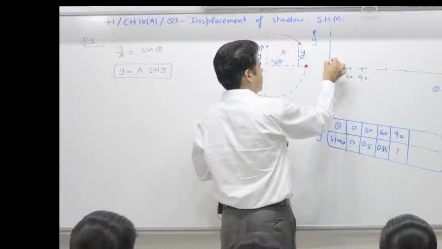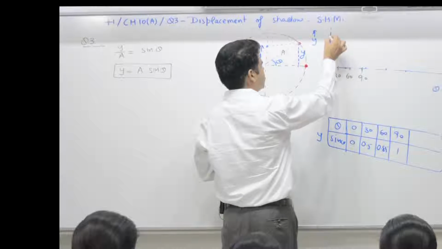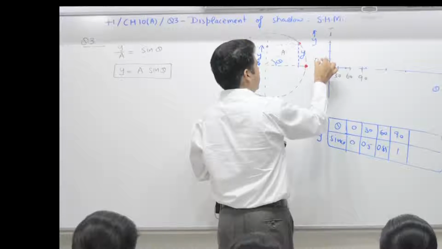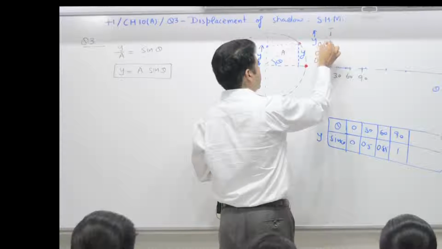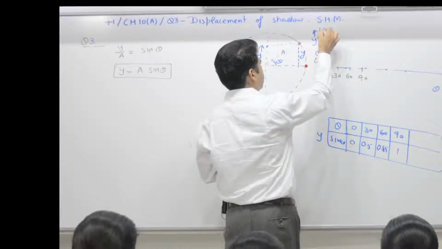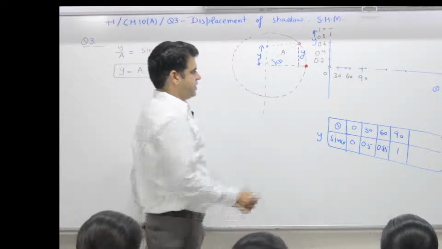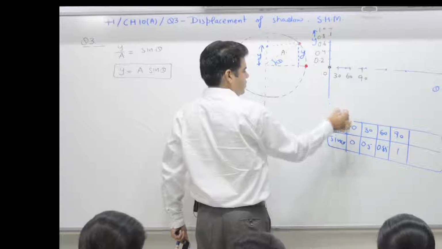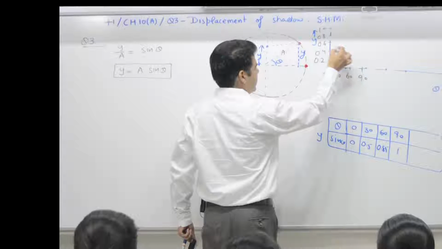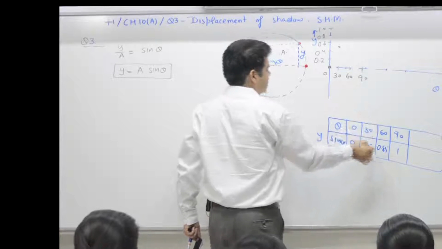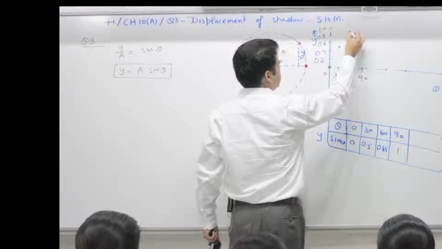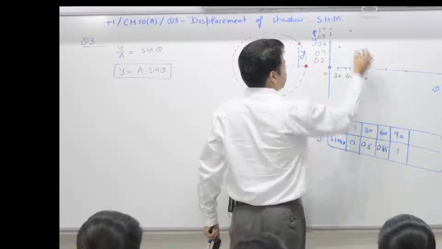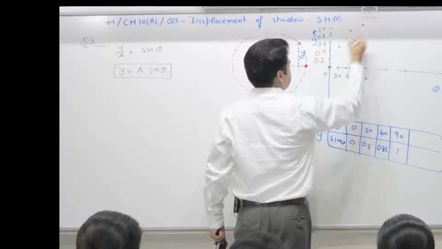Now we can plot it: 0.2, 0.4, 0.6, 0.8, 1. Sine 0 is 0. Sine 30 is what? 0.5, somewhere here. Sine 60 is 0.85, somewhere here. Sine 90 is what? 1.